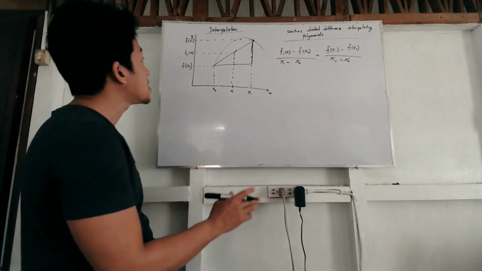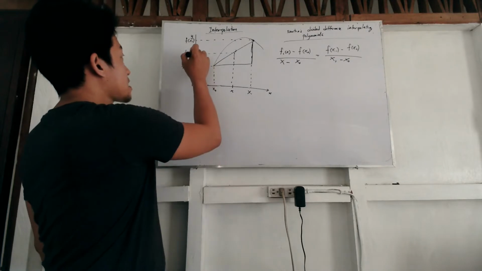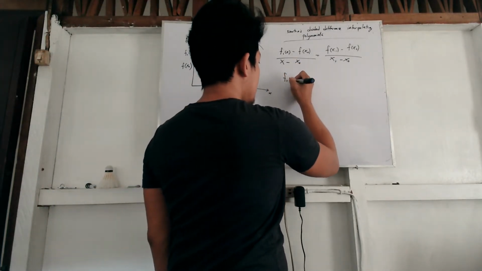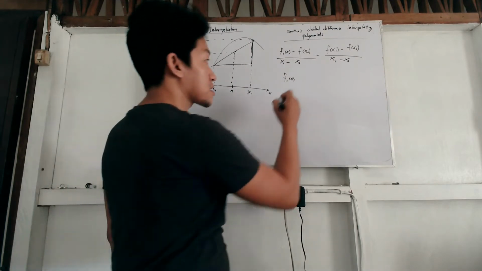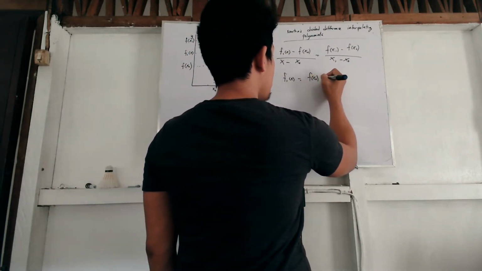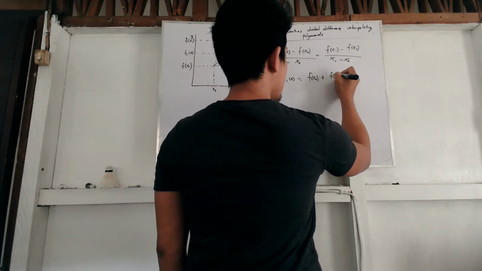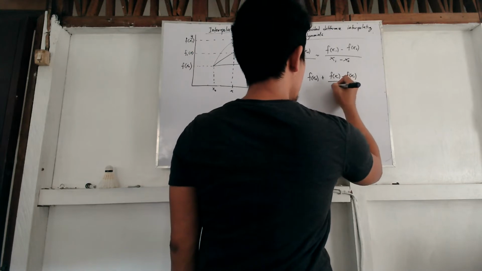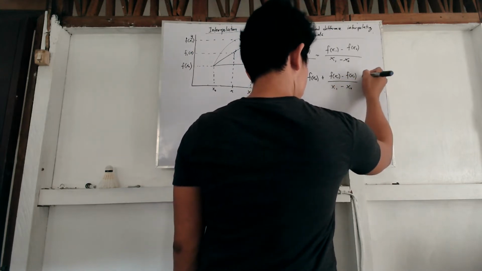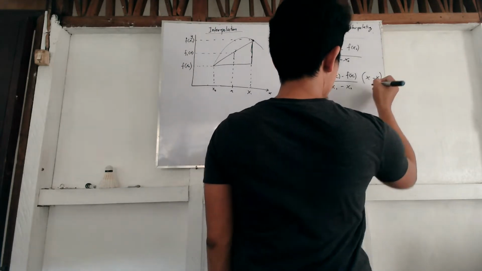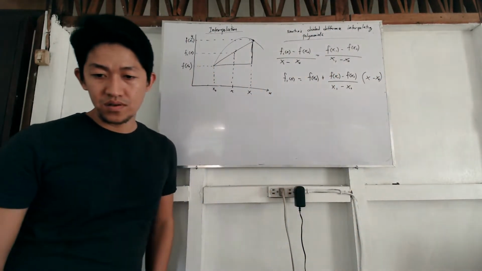Since we are targeting this value f1 of x, let's rewrite it. The left side is f1 of x. This becomes f of x sub 0 plus f of x1 minus f of x sub 0 over x1 minus x sub 0 times x minus x sub 0. Okay?